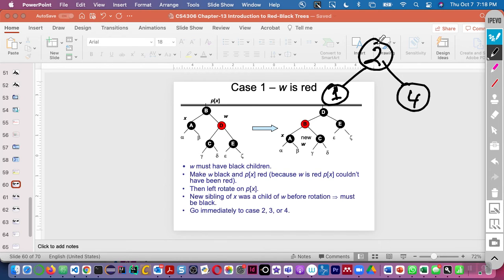For instance, all are black. This is root, this is leaf, this is leaf. If you want to delete this one, remove this one, then it will violate. This side will be, okay.